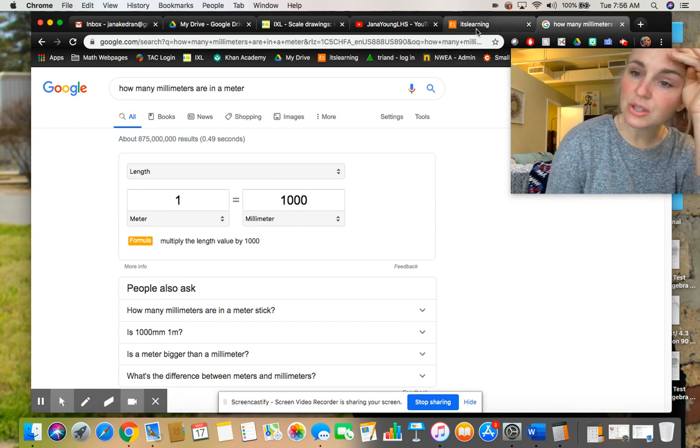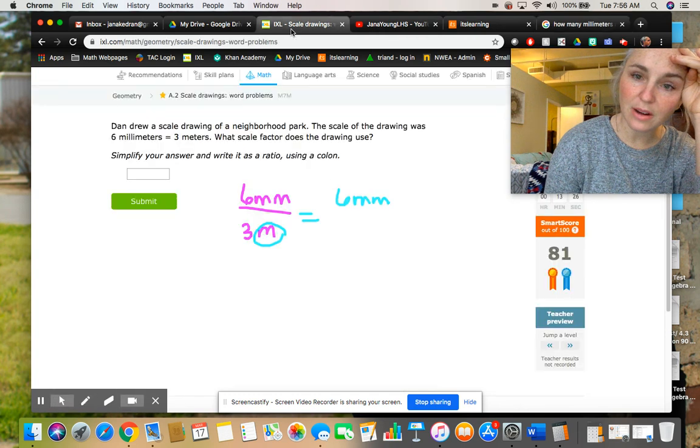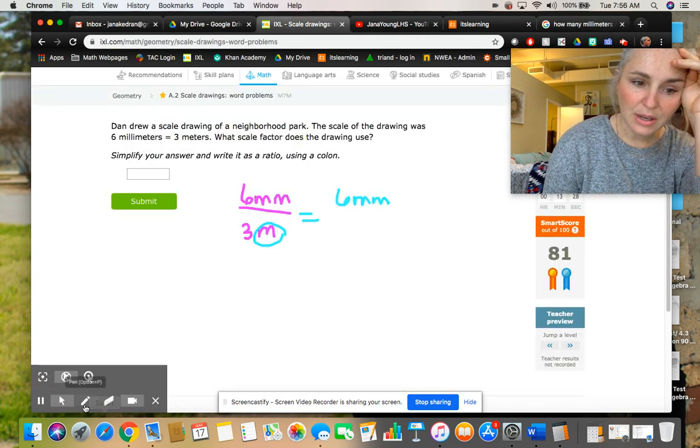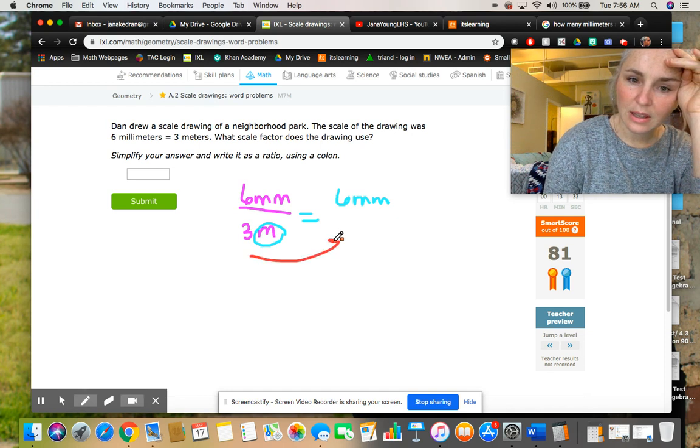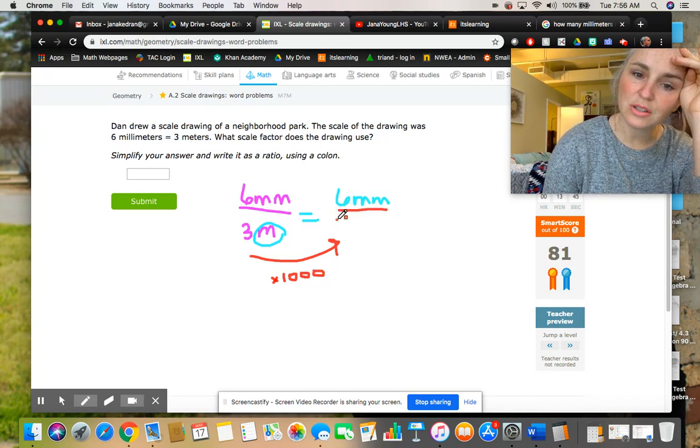So I'm going to multiply this times 1,000. We just found out that for every 1 meter, there's 1,000 millimeters. So for 3 meters, there's 3,000 millimeters.